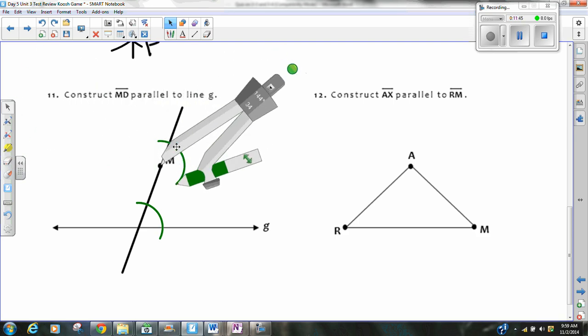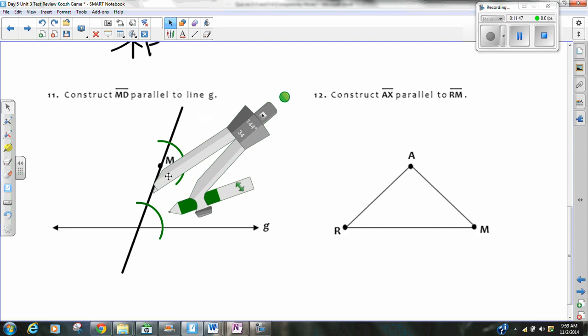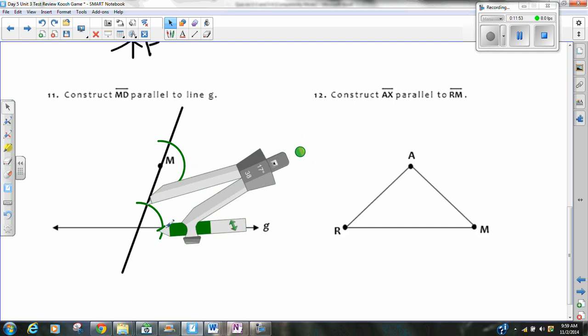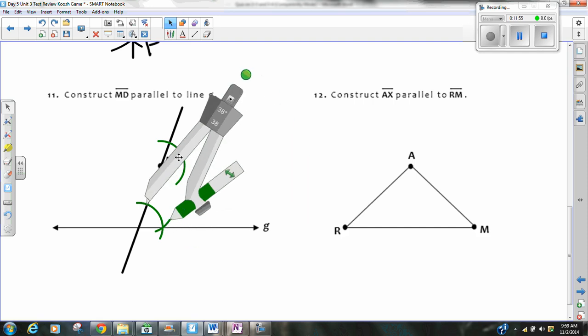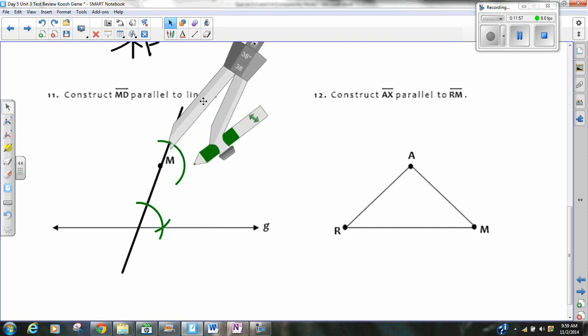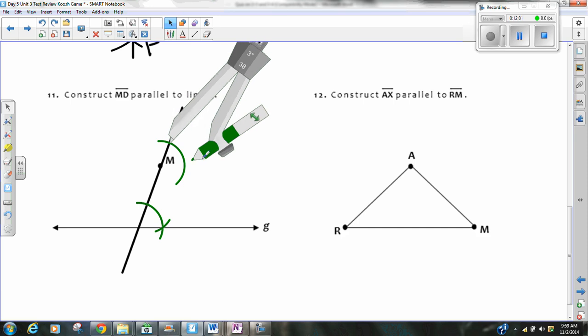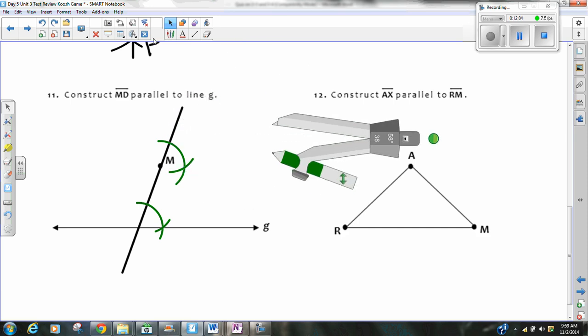The arc creates 2 points, so I'm going to come down here and measure the distance between those 2 points, making an arc. I come up to the corresponding point right here and make a corresponding arc. That corresponding arc creates a point of intersection right here, which I am then going to pick up a line and draw going through M and that point.